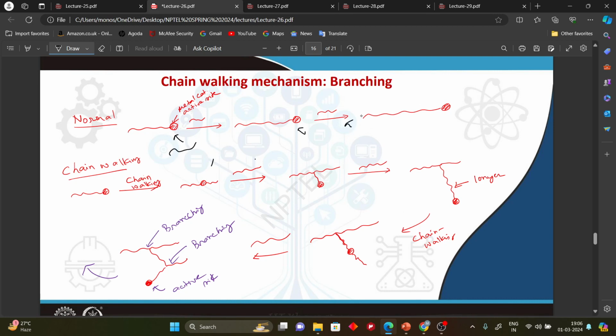So that's normal branching, normal polymerization.